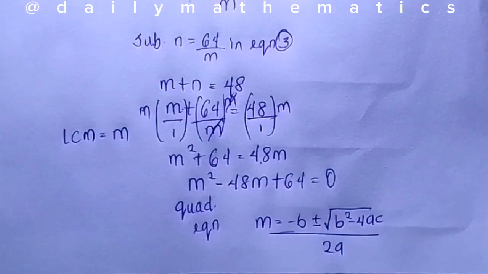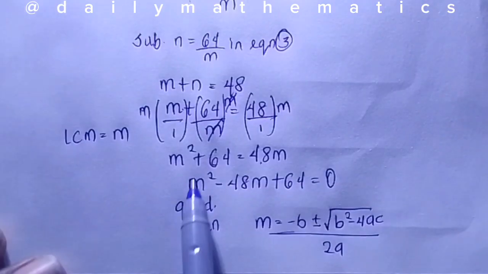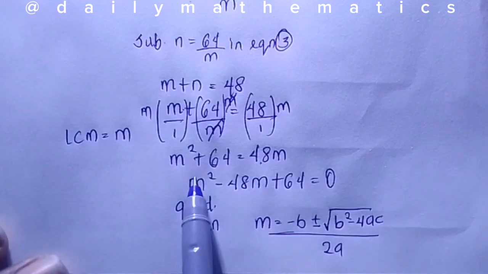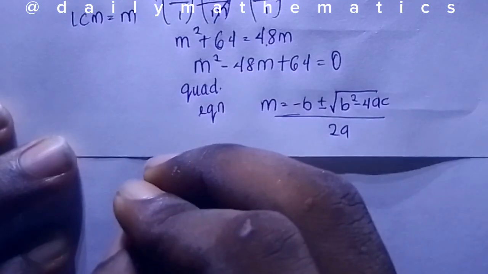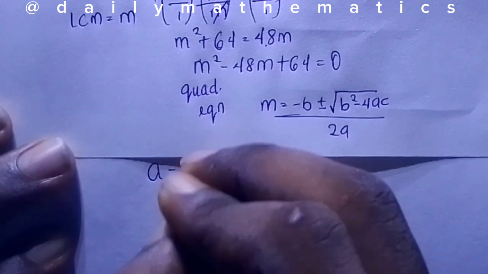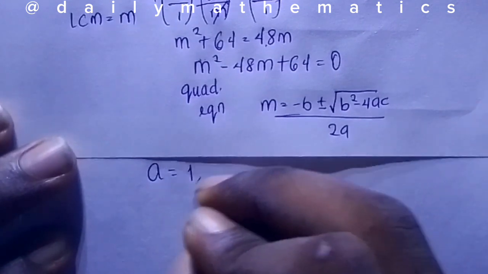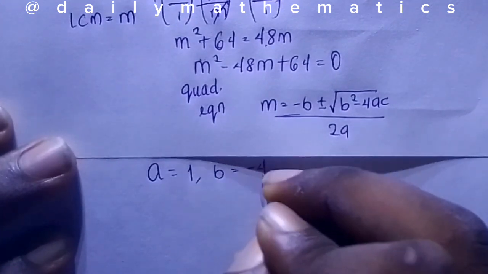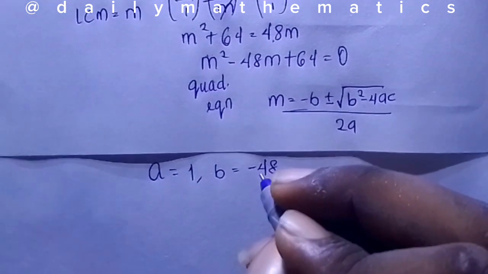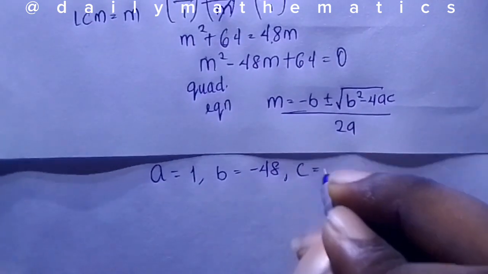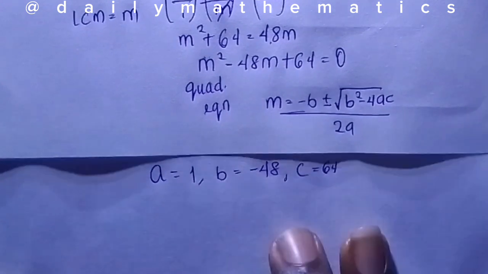So what is a, b, c? From this equation, a is 1, b is minus 48, and c is 64.